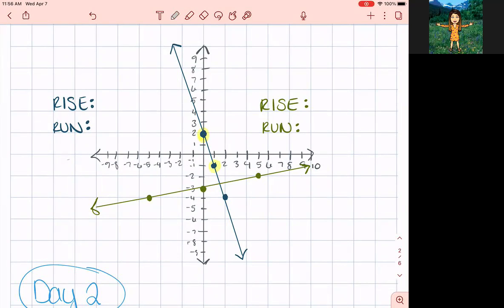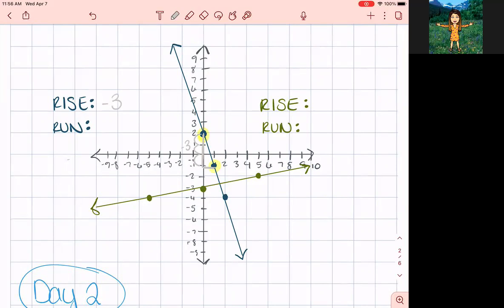For my triangle, this time we have to go down and over to connect our dots. So our rise, how far up and down we go, 1, 2, 3, and because it was down, it's going to be -3. So the rise for this, hopefully you got -3.